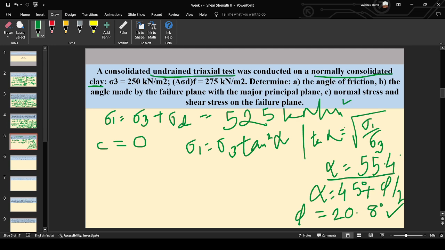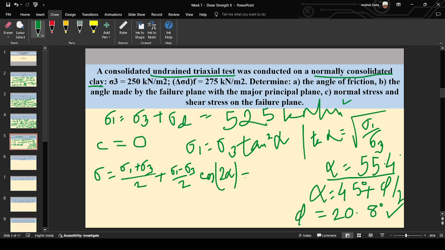Now finding the normal stress and shear stress on the failure plane. For that, we know the normal stress sigma on the failure plane is given by sigma 1 plus sigma 3 by 2 plus sigma 1 minus sigma 3 by 2 cos 2 alpha.